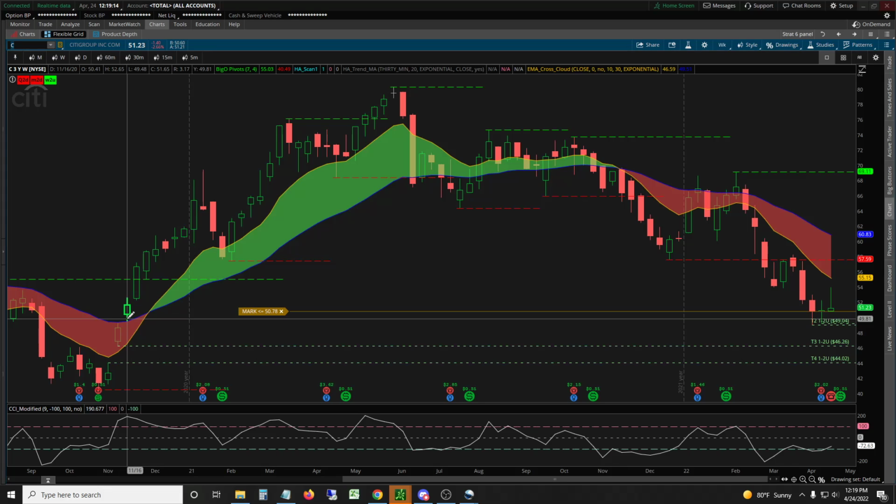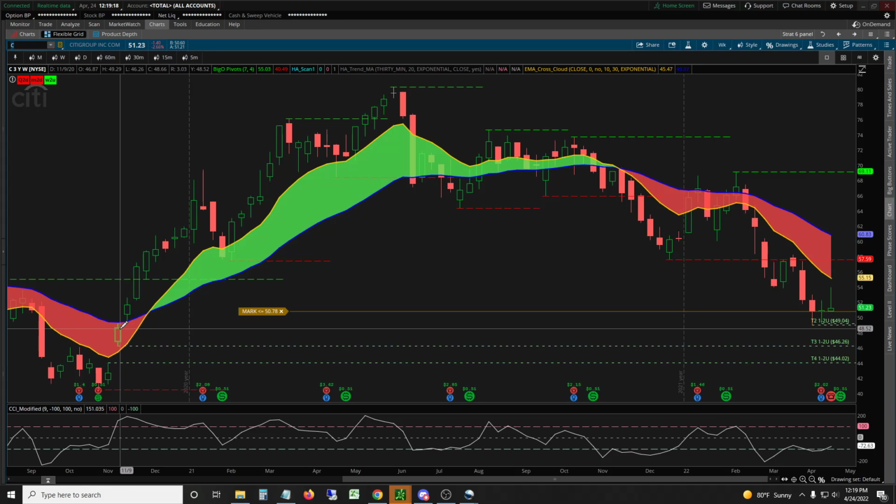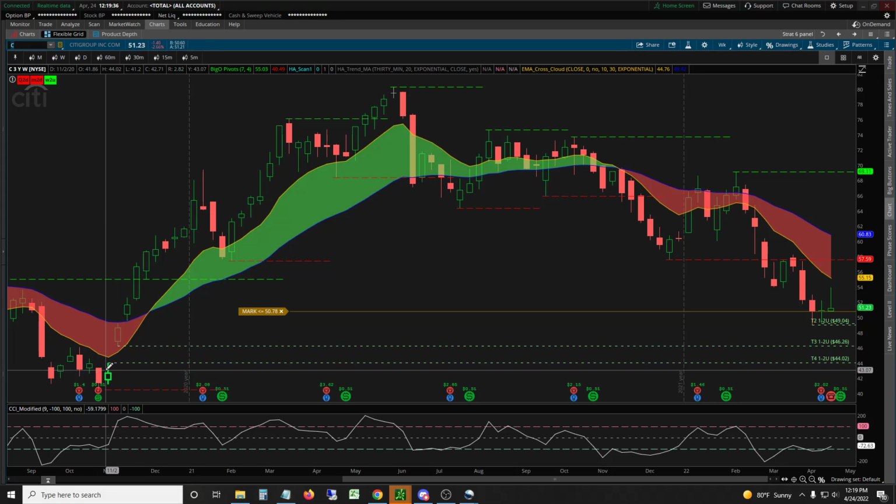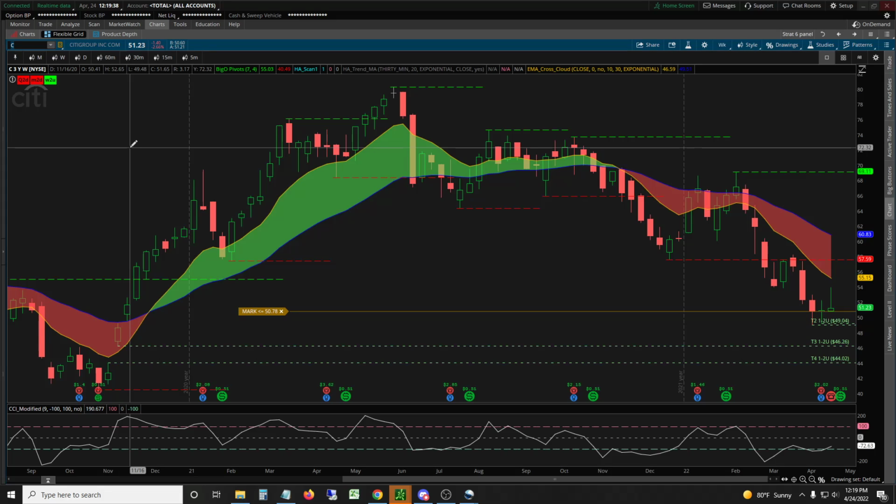So you could actually include these as targets also. 49.48 and a high of 49.29. So there's about a 20-cent gap there. But this is a bigger gap that I kind of liked here. Target 3, beginning of this gap is 46.26, and then the fill the gap is 44.02. So that's what I'm looking at for Citibank.